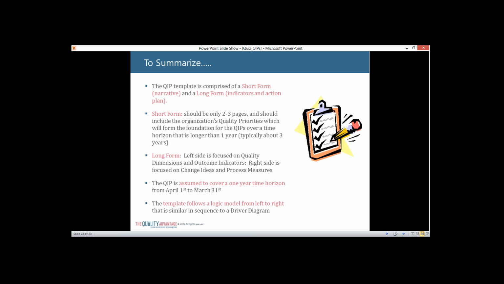As I said, it's assumed to be a 1-year time horizon going from April 1st to March 31st. And the template, as you may have noted as we went through it, follows from left to right a logic model type of format that's similar to a driver diagram if you're familiar with that quality improvement tool.